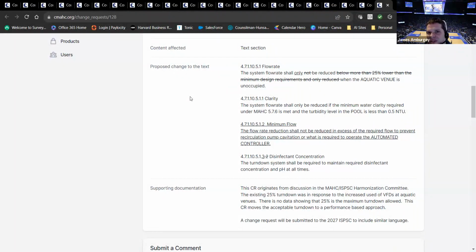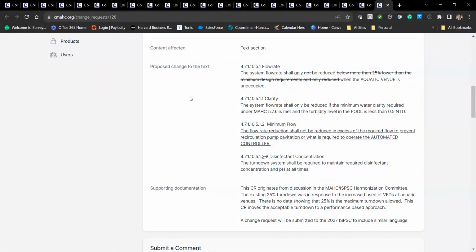And the recirculation system's not going to work right. The chlorine's not going to get distributed. There's just all kinds of things that can go wrong. This section was only intended to reward people with good water quality that were monitoring it with a turbidimeter. It was never intended to be a free for all to turn it down to whatever you want if nobody's in the pool.